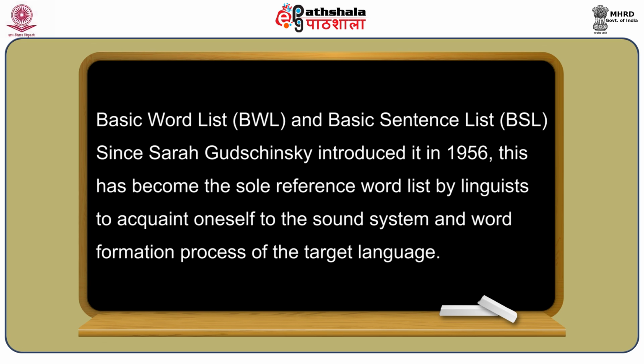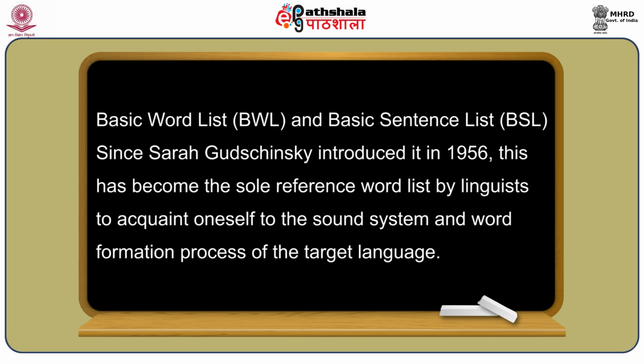Similarly, there's another tool that I talked about. I'm calling it a tool, though it's in written form: the basic word list. In 1956, Sarah Gudschinsky made a basic word list to start fieldwork in any unknown language, to get very first-hand knowledge. This basic word list is also called the 250 or 200 word basic word list.